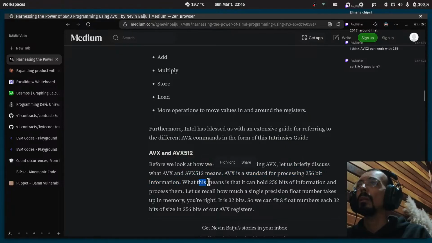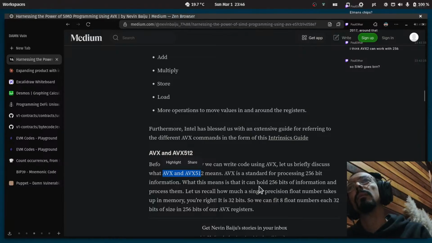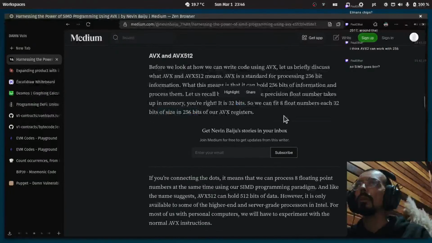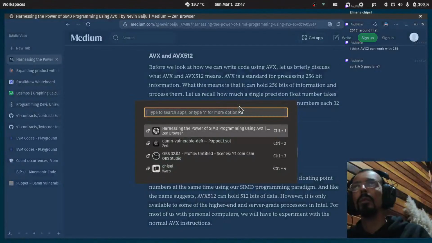I think it's the same, right? A single precision float number takes up the memory. You're right, 32 bits. So with 8 float numbers each, 32... wait, 32 bits is not 1. No, it's 4 bytes.